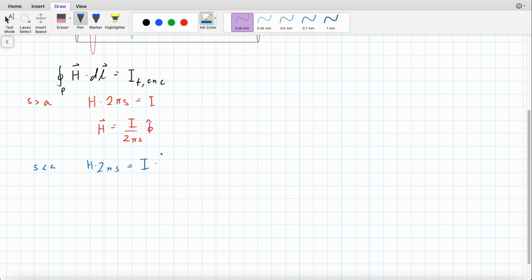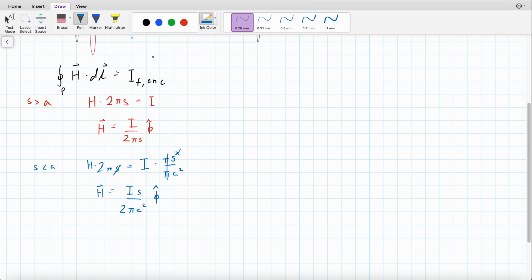So we have to account for that as pi s squared divided by pi a squared. The pi's cancel out, and this s term cancels out with one of these s's, giving us H vector equal to I s divided by 2 pi a squared, again in the phi hat direction. Okay.